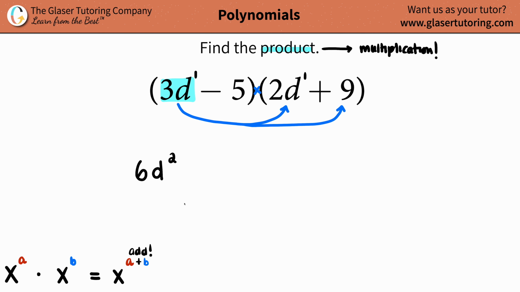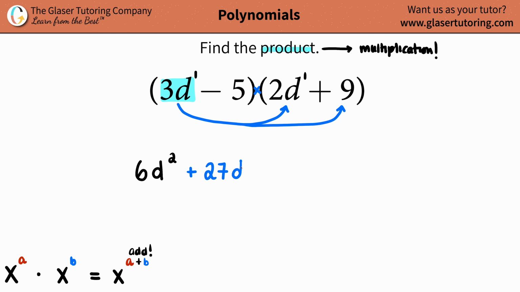And that's our first term. Now we got to be fair. We got to multiply the 3d by the positive 9. So numbers first. 3 times 9 is a positive 27, so plus 27. And now I just have that one lonely d value. There's no d here, so I'm just going to put a d.